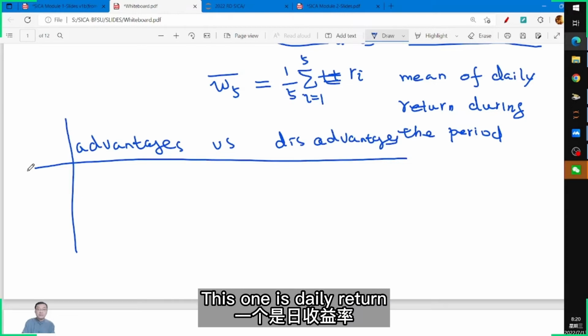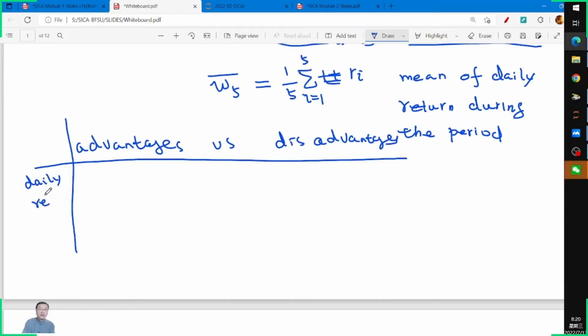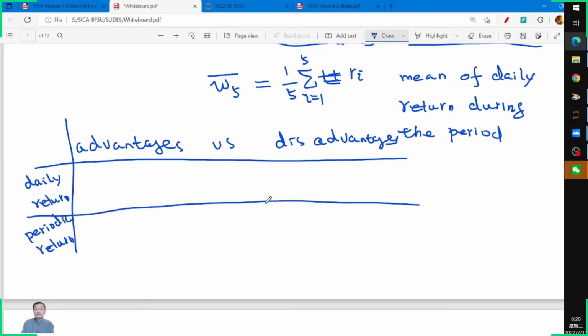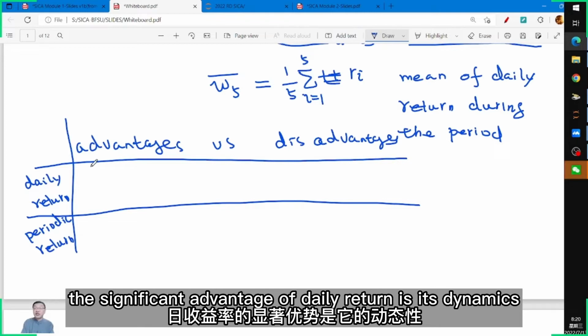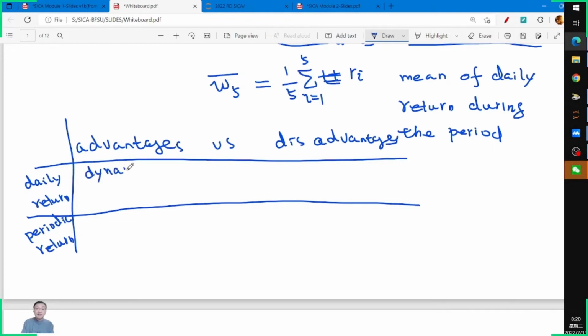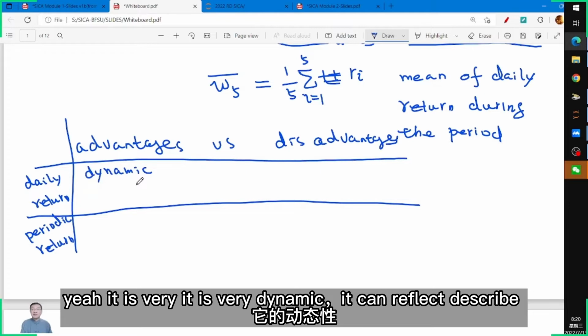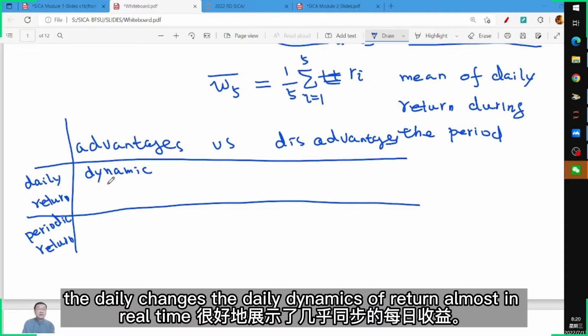This one is daily return. This one is periodic return. The significant advantage of daily return is its dynamics. It is very dynamic. It can reflect and describe the daily changes, the daily dynamics of return, almost in real time.